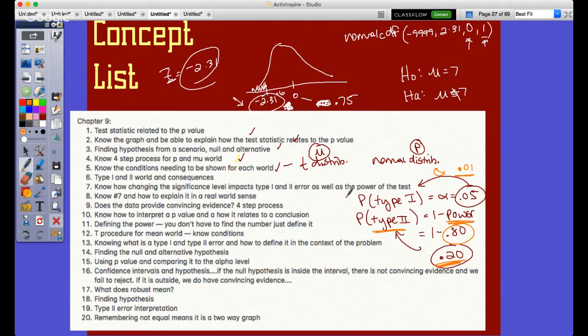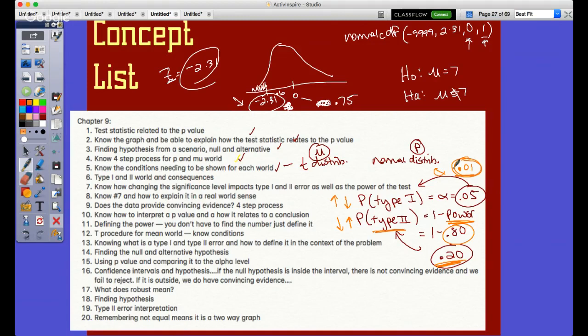I mean, it kind of applies it. But what that means is as the probability of type 1 error goes up, probability of type 2 error goes down. They kind of work opposites of each other. If the probability of type 1 error goes down, like to 0.01, because we changed the alpha level, the probability of type 2 error will eventually go up.